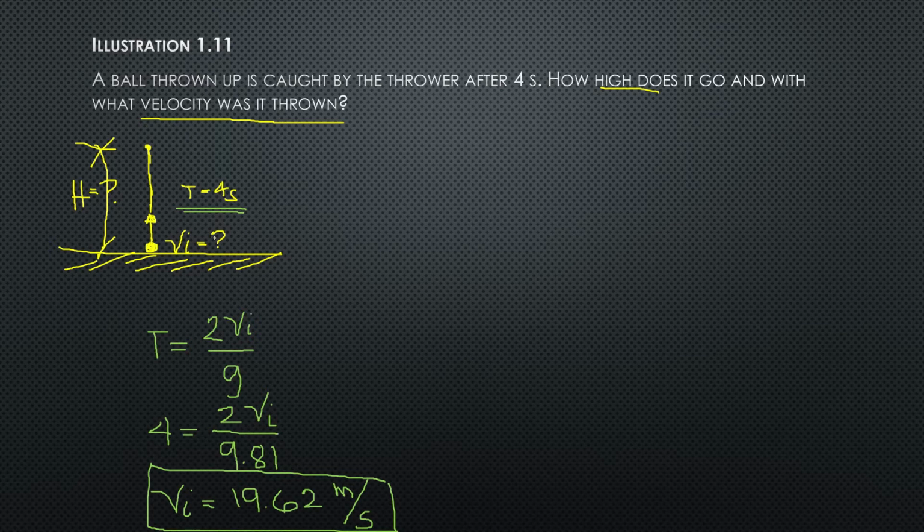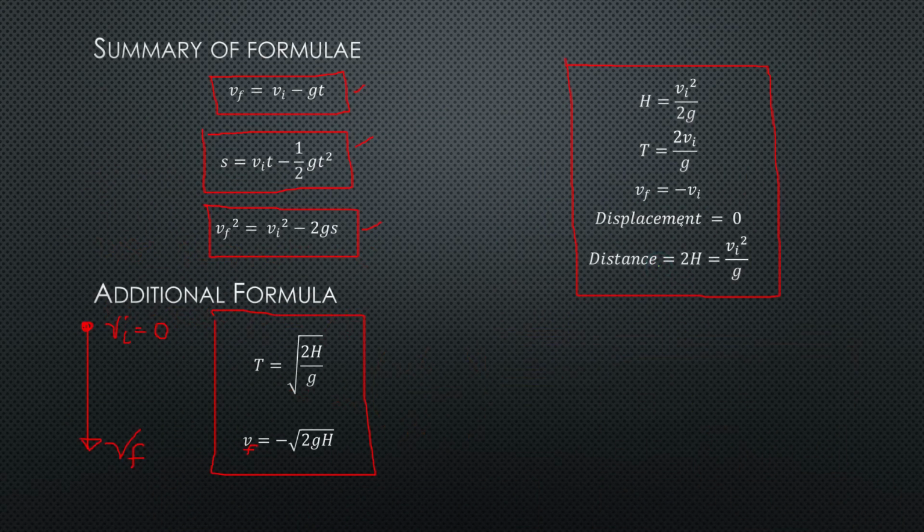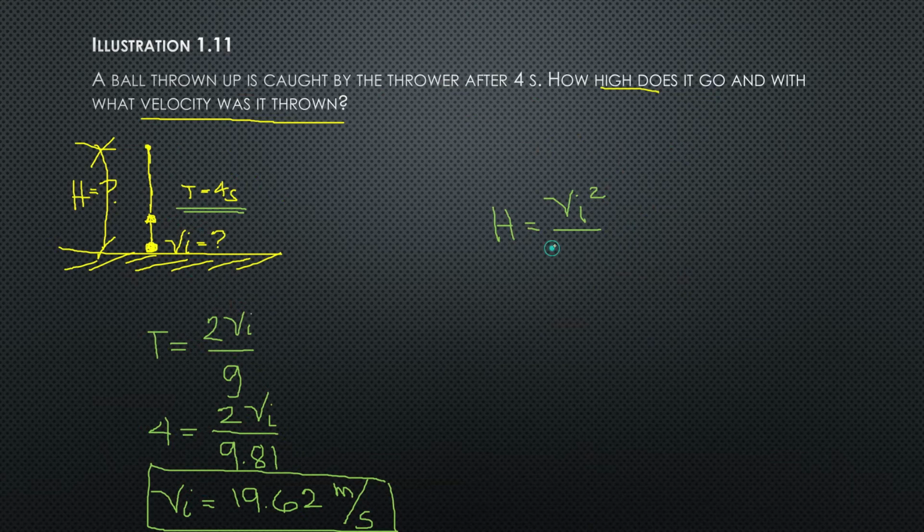Now, the maximum height using the formula. So solving for the maximum height, you have the formula of height is equivalent to initial velocity squared over 2g.